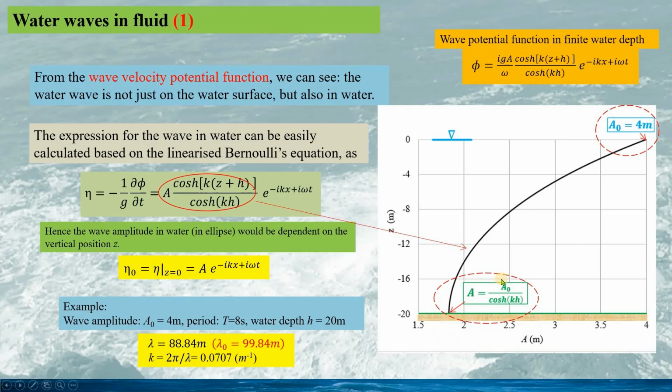And at the seabed, the wave amplitude is given as this. We can see the wave amplitude at the seabed is not 0, but dependent on the water depth h. Of course, if h is large enough, the wave amplitude at the seabed would be 0.